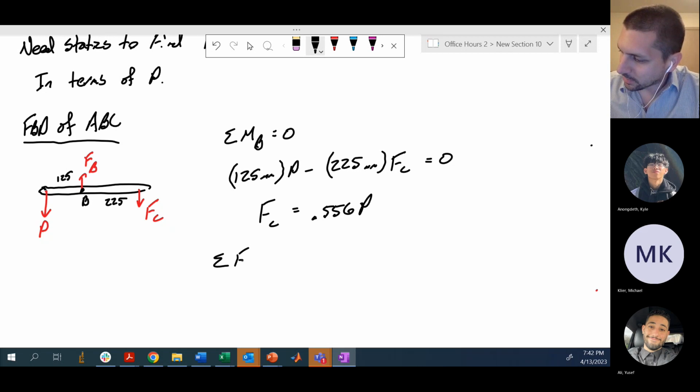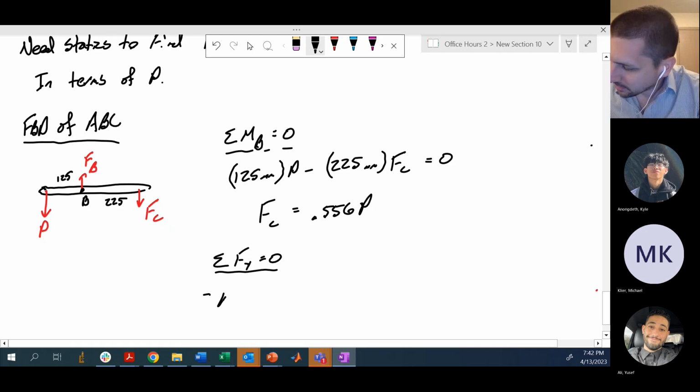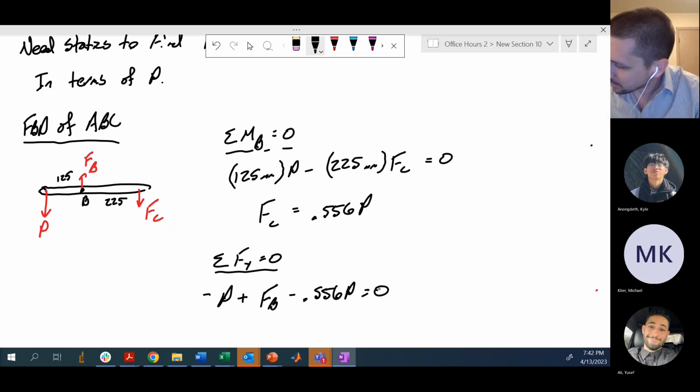Keeping the train rolling, we can do the sum of the forces in y equals 0. Here we have P downwards, we have FB upwards, and we have FC downwards.